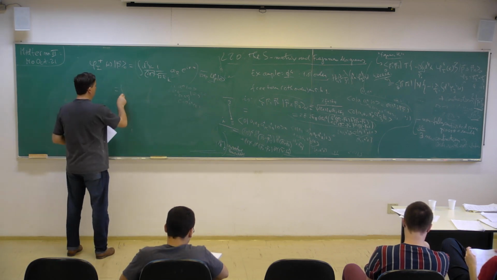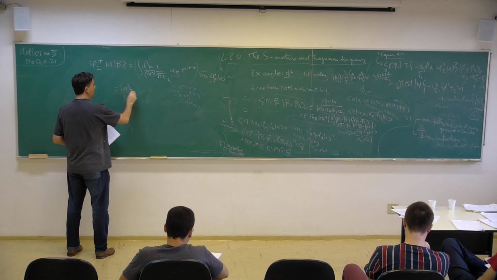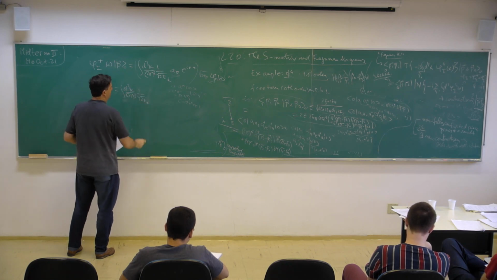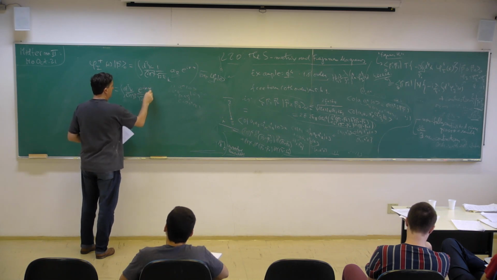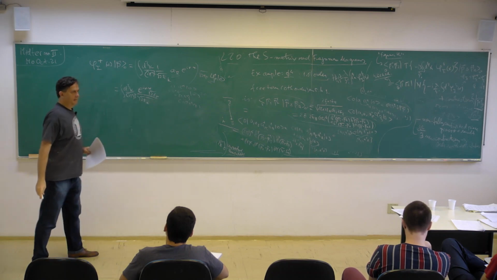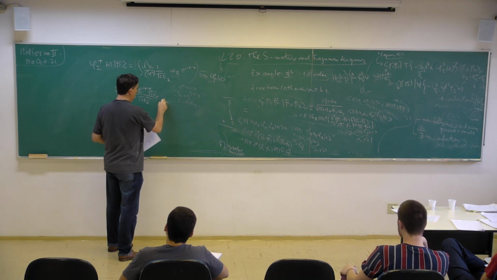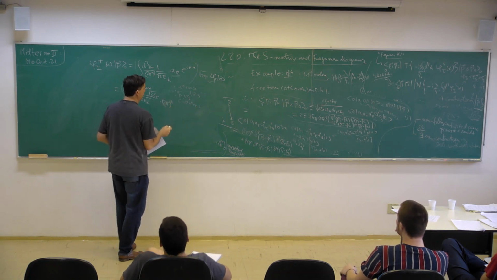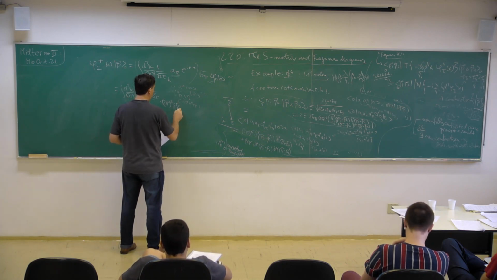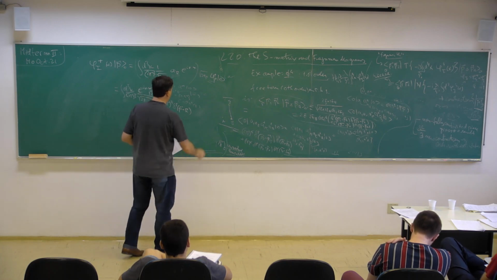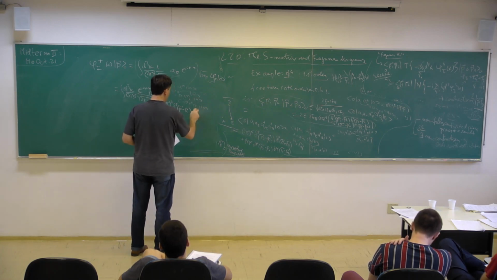So the result here is d3k over 2 pi cubed, 1 over square root of 2 E_k, e to the ikx, and square root of 2 E_p. These are the numbers. And now A dagger acting on 0 is just this commutator, 2 pi cubed delta 3 of p minus k, and then still the state 0.